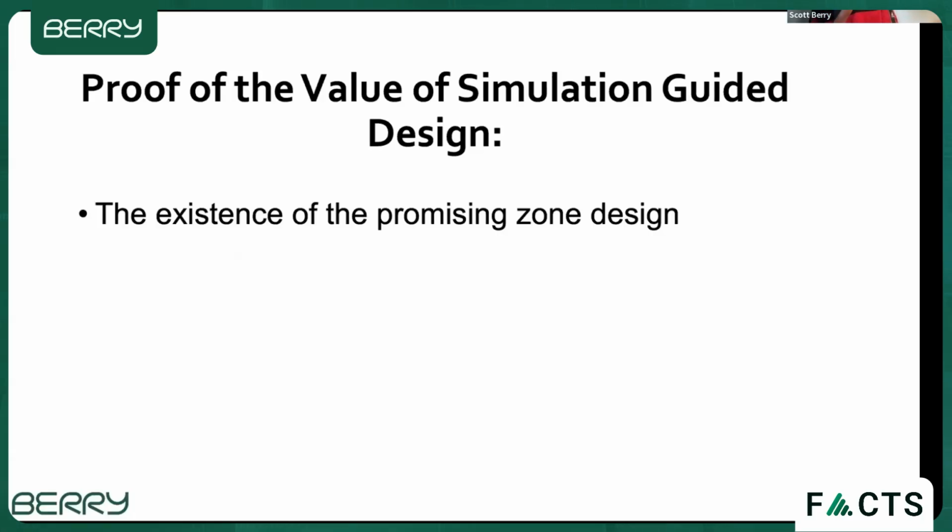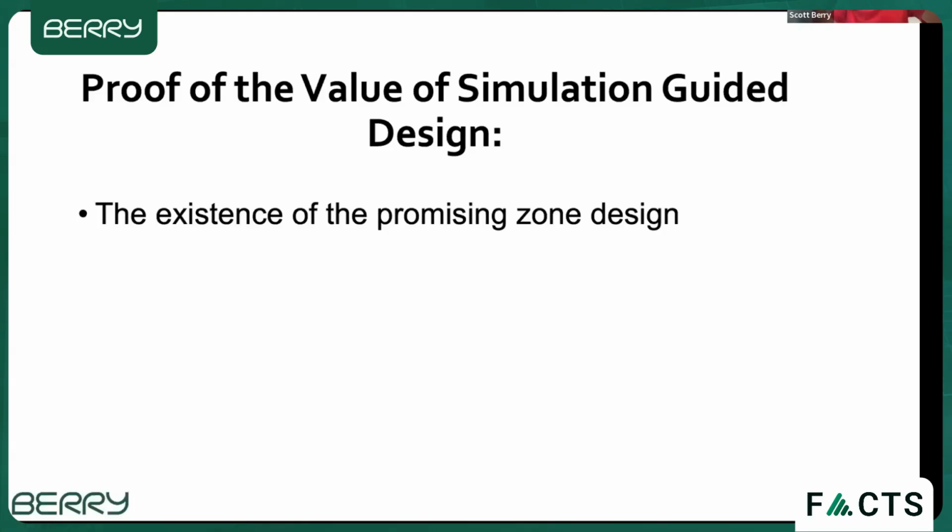But once you start to compare it to other designs, it's almost never better. I've never seen it perform better than alternative designs. So if you simulate the design and present it, here's the promising zone, cool, nice. Compare it to any other design and you say, oh, it doesn't work very well.